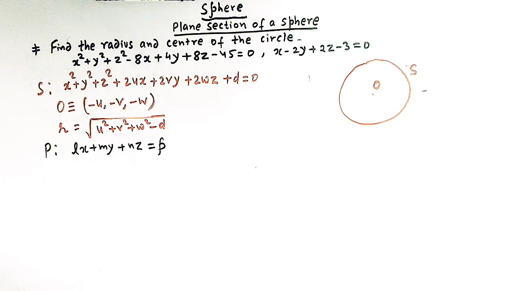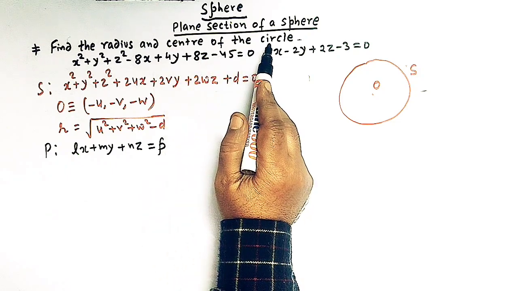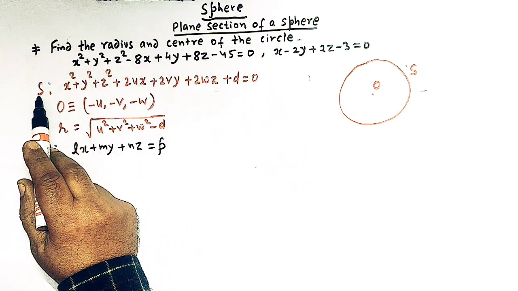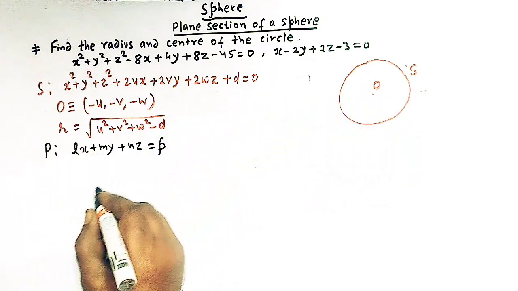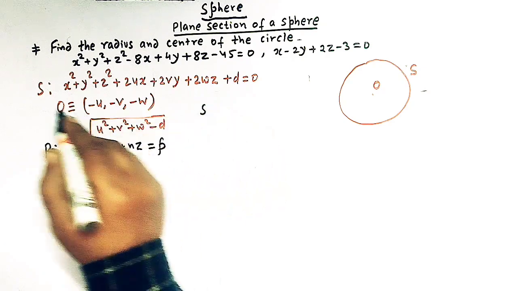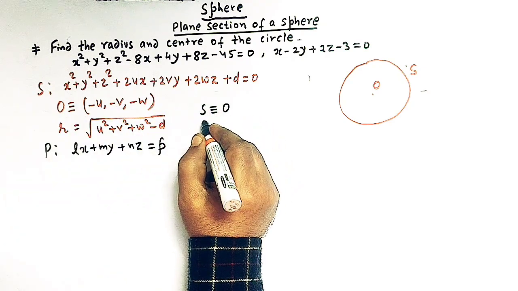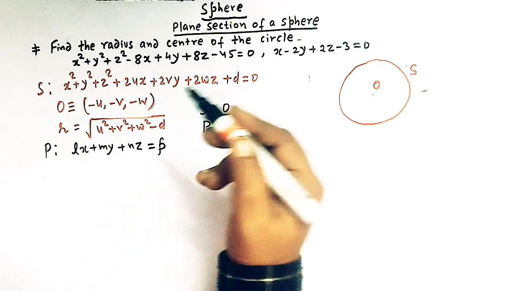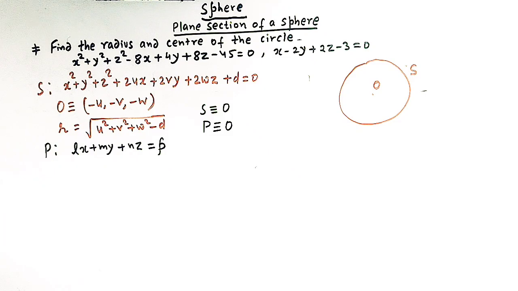And always remember that the combined equation of a circle is given by the equation of the sphere S and the plane P. So the circle is always represented by S is equal to 0 and P is equal to 0. The combined equation of the sphere and the plane gives us a circle.